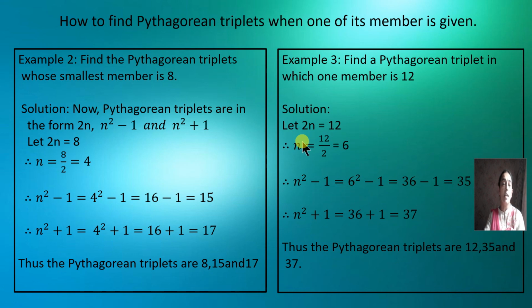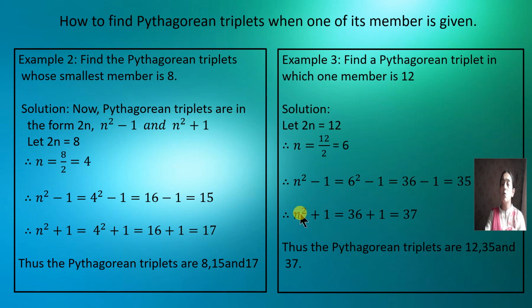Once again I explain, whichever member is given, you assume 2n is equal to 12. So from that you will get the value of n. Then put the value of n in n square minus 1, which is 6 square minus 1. 6 square is what? 36 minus 1, which is 35. Now n square plus 1.